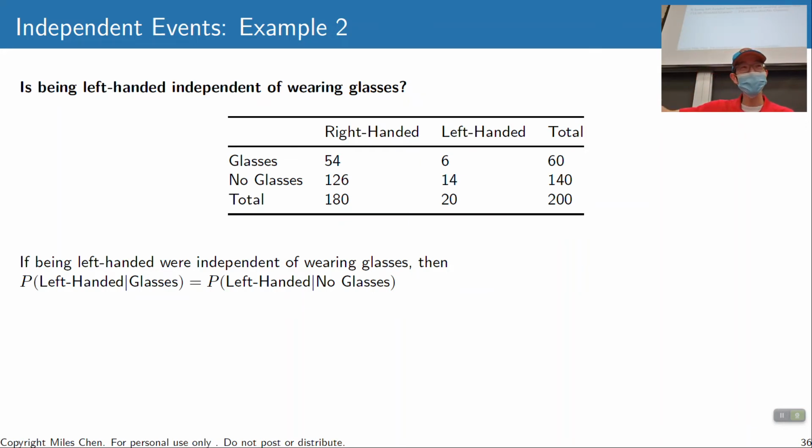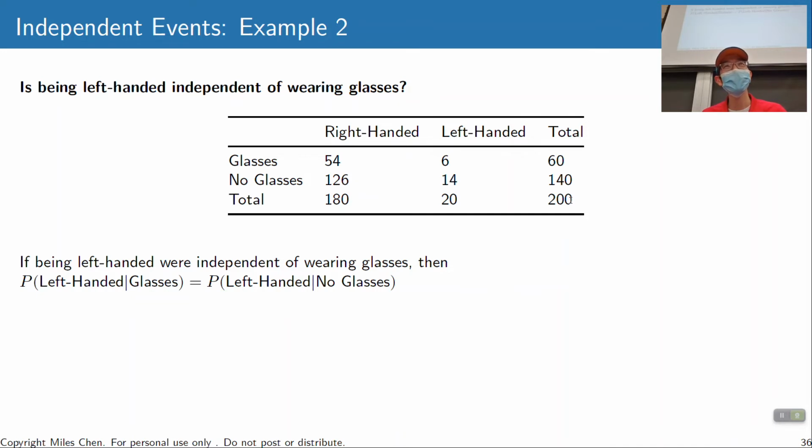Say there's a mystery person standing behind that door, and you ask, what's the probability the mystery person wears glasses? Okay, and you'd say, according to our data, 60 out of 200, 30% of people wear glasses. And I say, well, hang on, let me tell you something else about this person. This person is left-handed.